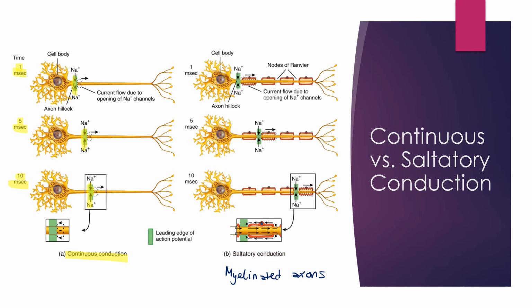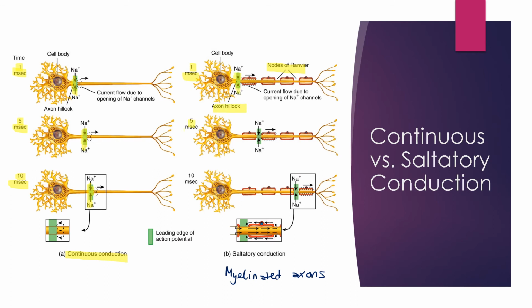In saltatory conduction, the ionic currents will go through the cytosol from one node of Ranvier to the next. So in this way, saltatory conduction can propagate much further, much faster. So you can see at 1 millisecond, we're here at that axon hillock.